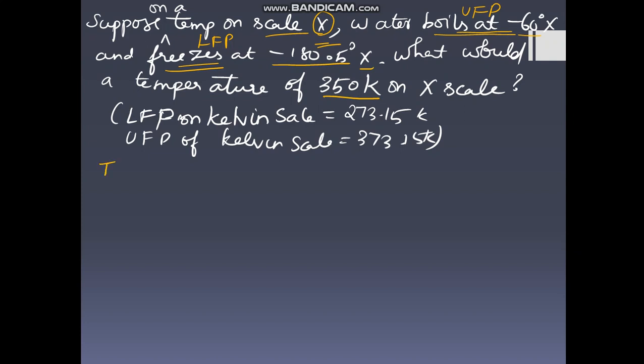I told you, temperature on one scale minus lower fixed point, by upper fixed point minus lower fixed point, is constant.